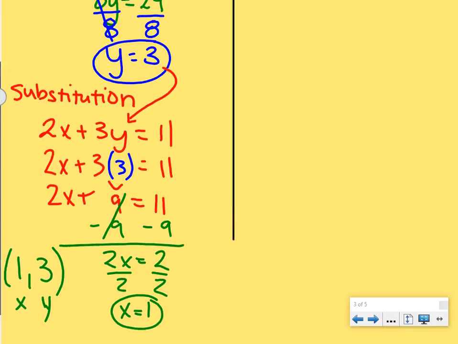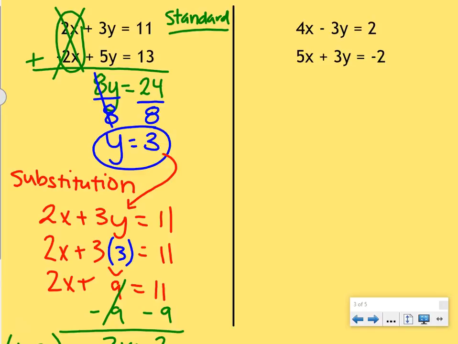Another example for us to do. Again, just treat it like one big addition problem. 4x plus 5x is 9x. -3y plus 3y is a big fat 0. Again, if you notice, -3 and +3 are opposites.